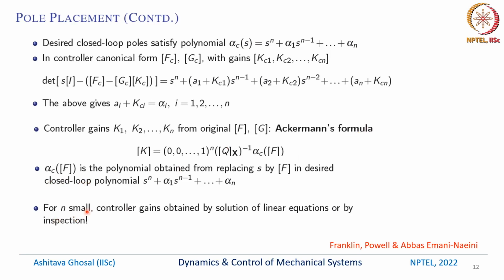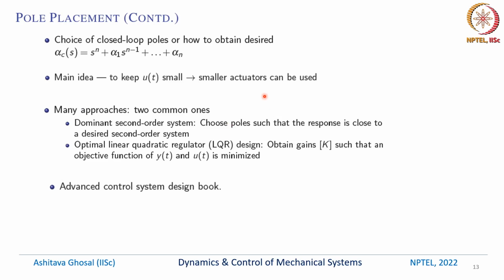So for small n, the controller gains can be obtained by solution of linear equations or by inspection. If you have a large n, then we can go back and use Ackermann's formula to obtain the controller gains. So the natural question is, how do we choose the closed loop poles, or how do we obtain the desired polynomial alpha c of s?